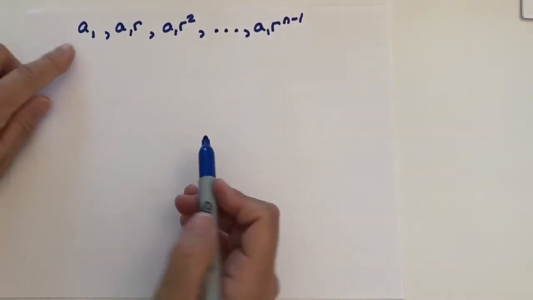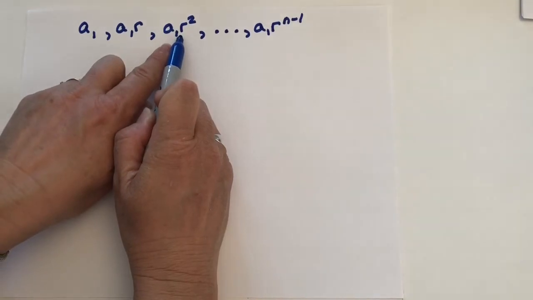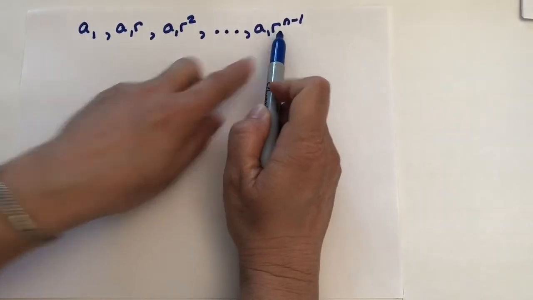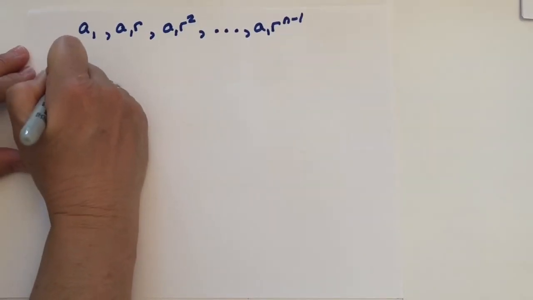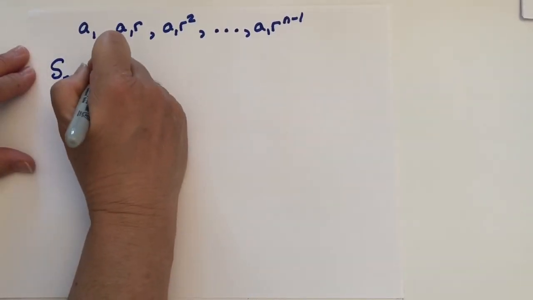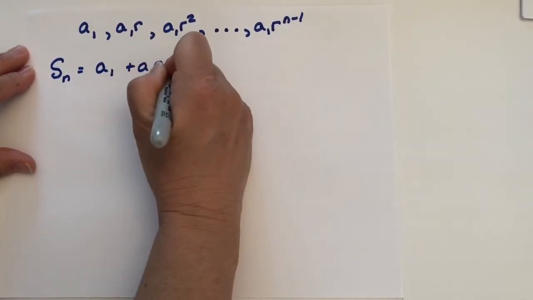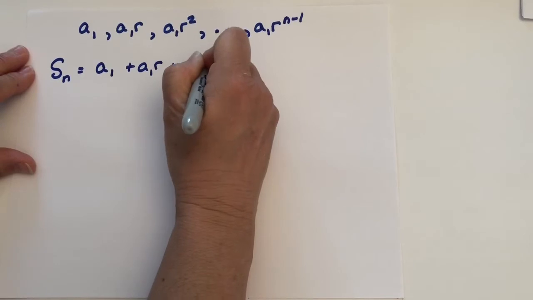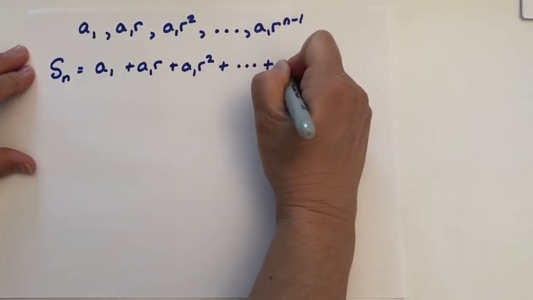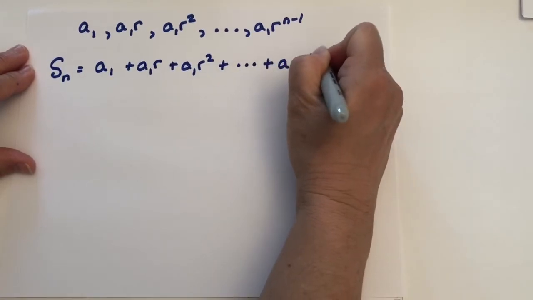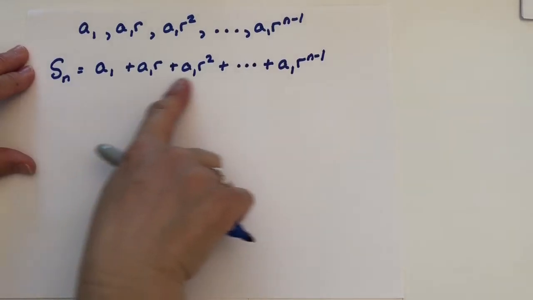So notice our sequence: first term, second term, third term, nth term. So the sum of those first n terms is a sub 1 plus a sub 1 r plus a sub 1 r squared, and keep adding. And here's our nth partial sum of our geometric sequence.